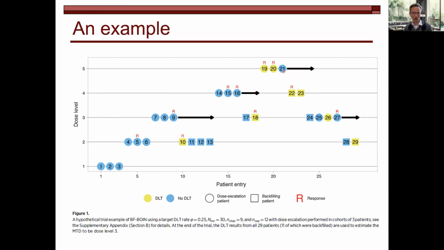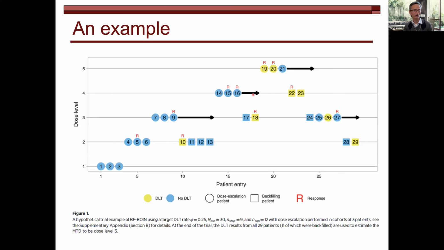In this dose, we observe 2 DLTs. But while we're waiting for those DLT data to become available, the 2 patients, 22 and 23, are put in the backfill. At this moment, when we backfill dose level 4 with patients 22 and 23, we observe 2 DLTs.